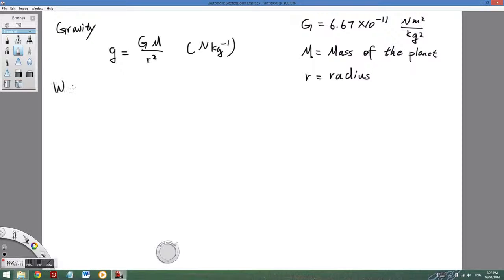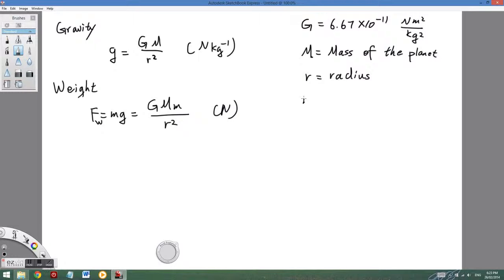Now for the weight force, it will be mass times the gravity, which is big M, small m, and r square here. It's measured in newtons.